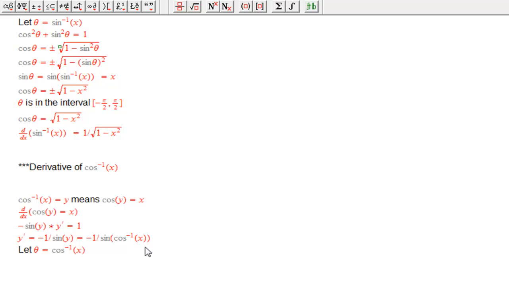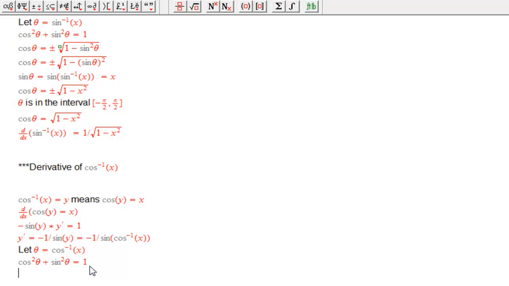Again, we have our Pythagorean identity that says that cosine squared theta plus sine squared theta is 1. And what I'm wanting to do is express this sine of theta in a different way. So I'm going to solve this formula for sine theta. That means I subtract the cosine squared theta and take the square root of both sides and put a plus or minus on the right side.